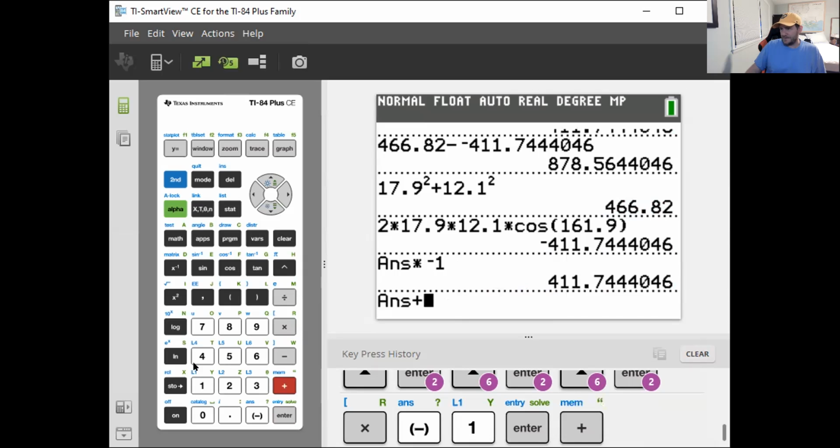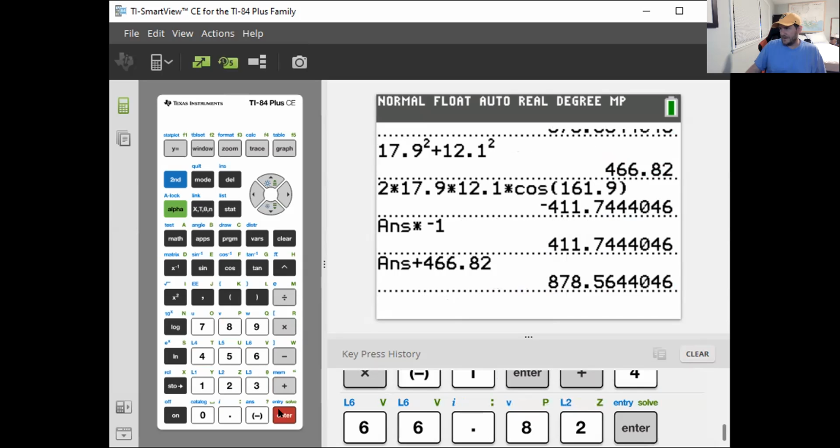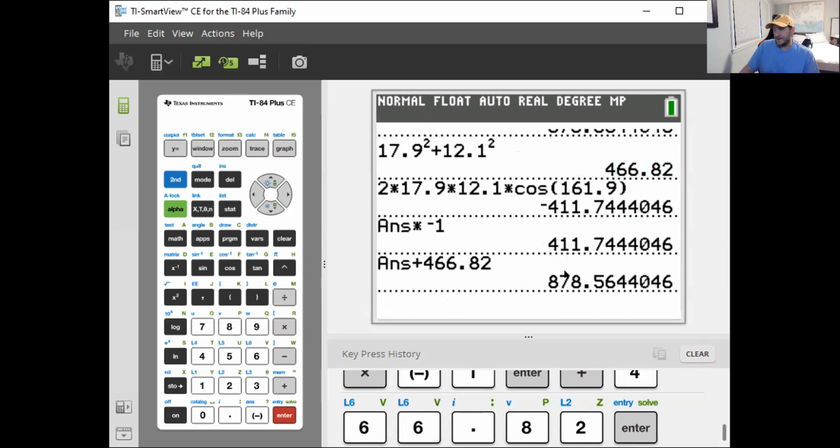You can type in the other one, 466.82, enter. And again, maybe I'm telling you stuff you already know, but I do find that students have not thought this stuff through all the way. A lot of times when I tell them some of these calculator tricks, they're shocked and they did not know them. So forgive me if you already knew it. But hopefully that's helpful to somebody.